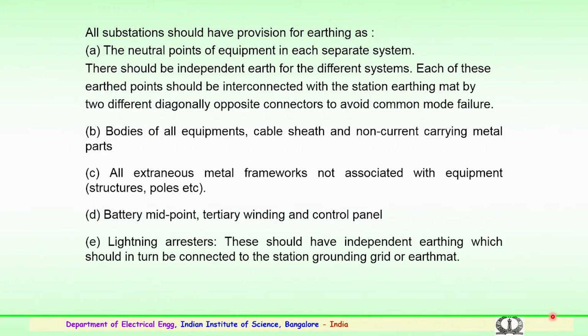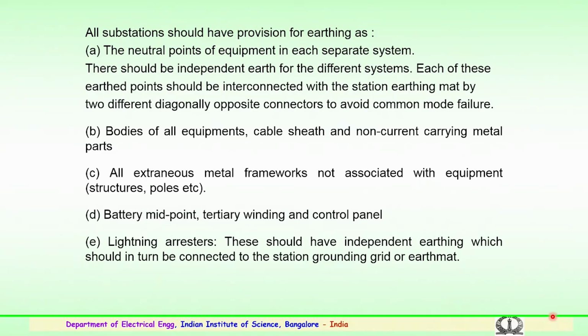There should be independent earthing for the different systems, and each of these earthed points should be interconnected with the station earthing mat by two different diagonally opposite connectors, mainly to avoid common mode failures. So, all the bodies of the equipment, any equipment systems which are in the substation, the cable sheath and also the non current carrying metal parts have to be properly earthed.